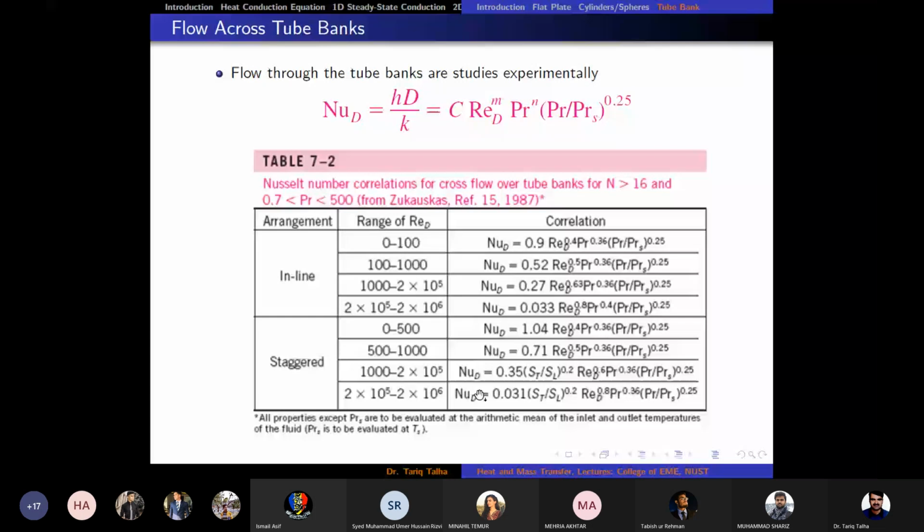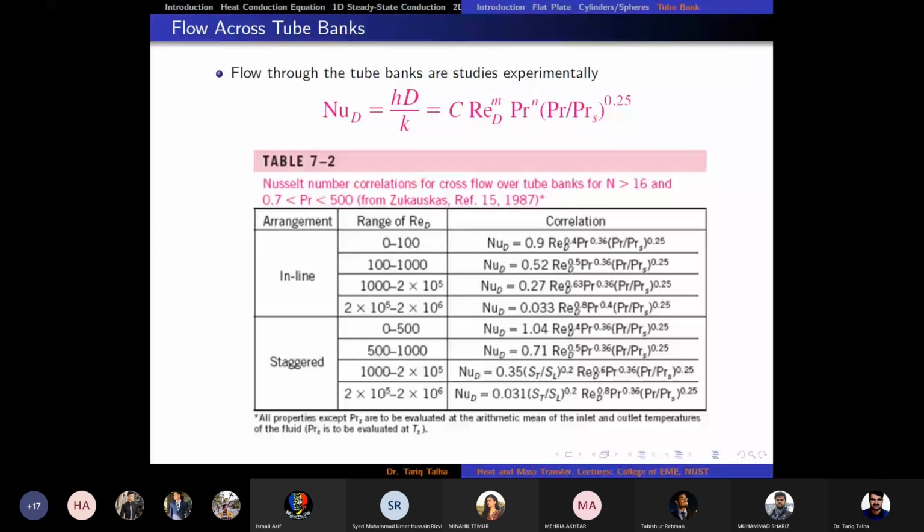And then the M value, if you see, is 0.4 here, 0.5, 0.63, 0.8, and then the N value is 0.36. Here it is 0.4. So we can use the relation as per the Reynolds number. What is the Reynolds number? And then we can use the corresponding relation.